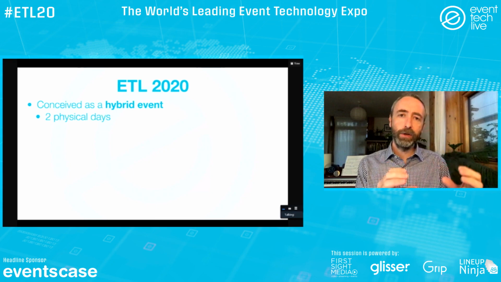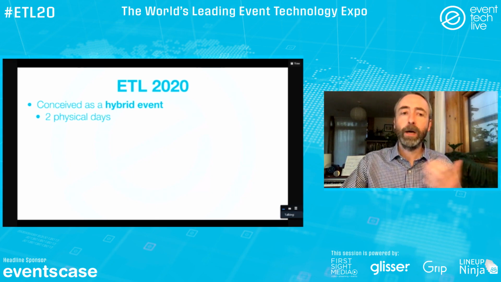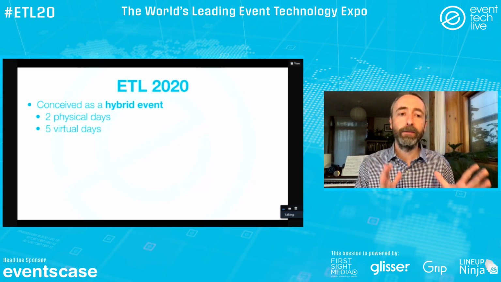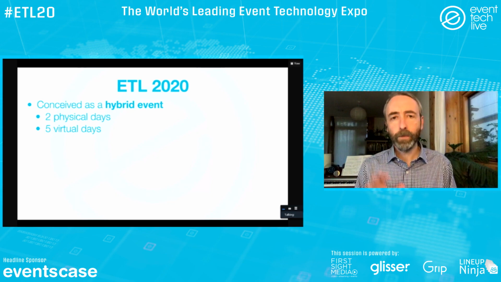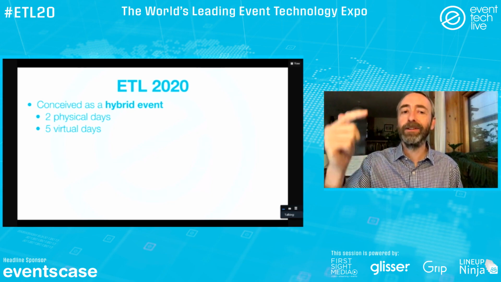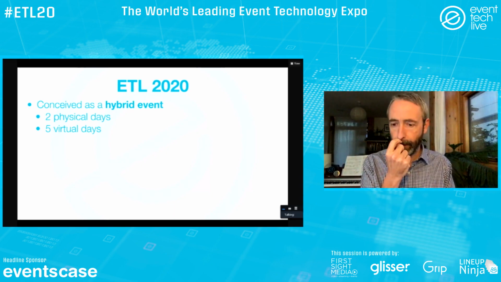It was planned to have 2 physical days, which was the pattern from the previous year, and then that was going to be augmented with 5 virtual days. The 2 physical days were going to have 5 stages, and the 5 virtual days were going to have 2 virtual spaces.